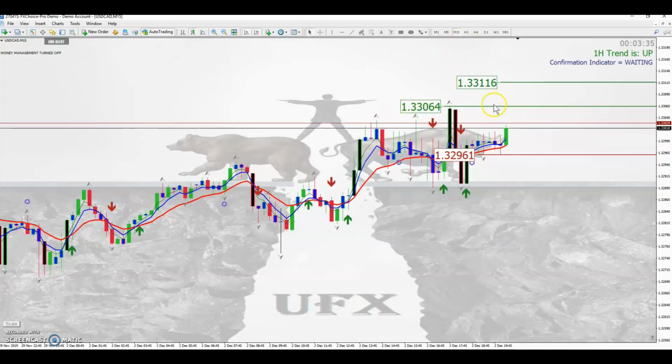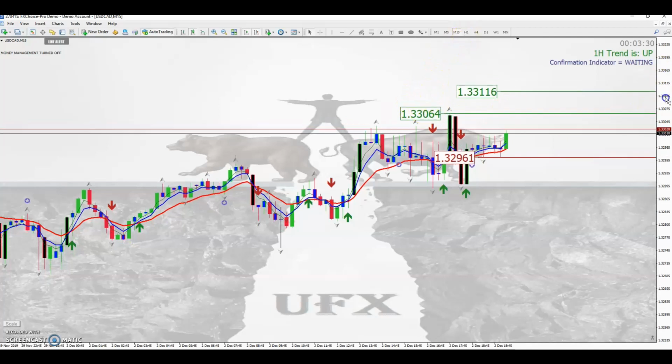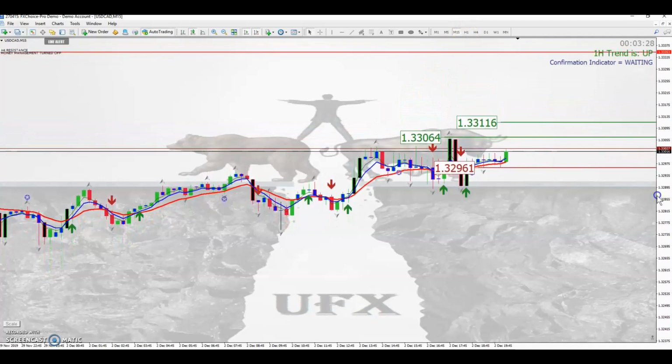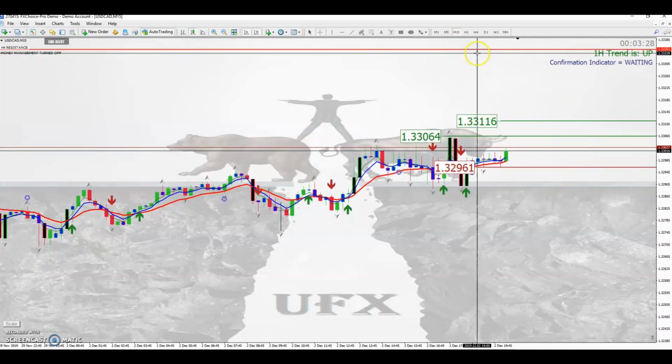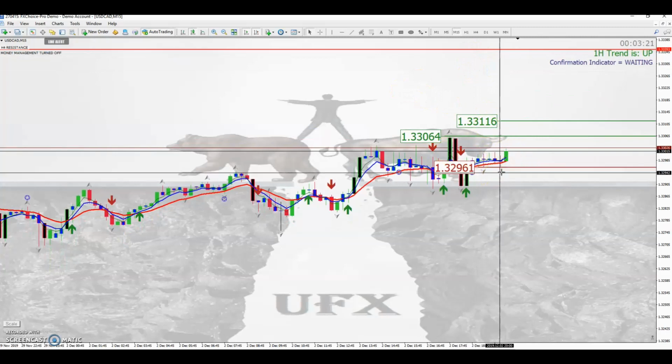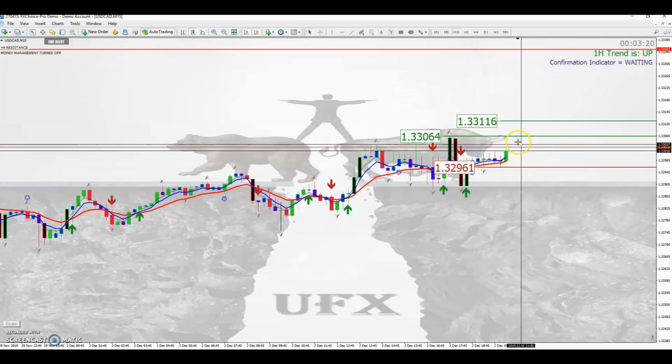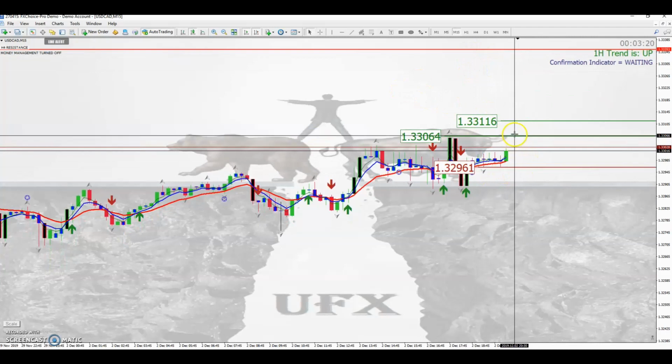So we're breaking out of the 15-minute chart, and we're also breaking out of the 1 hour chart, targeting the 4 hour as well. So we do have a better risk reward here. We're risking 13 pips now for a potential of 26, 27.